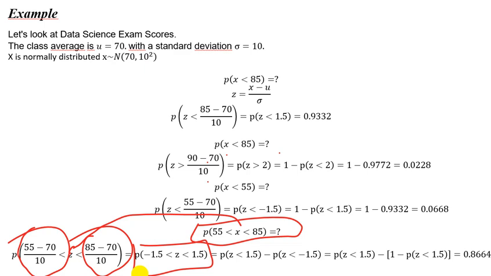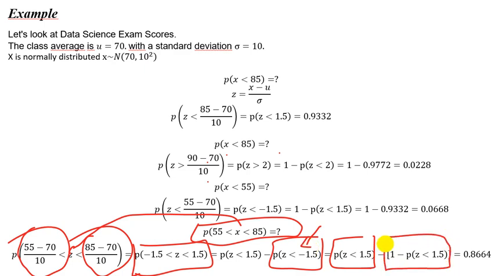As we said, it's P of z is less than the upper limit, minus P of z is less than the lower limit. For this part, we can find it in the table, but this part we don't have, so we need to convert it to positive. And how do we do this? By adding 1 minus, so we get 1 minus P of z less than 1.5.